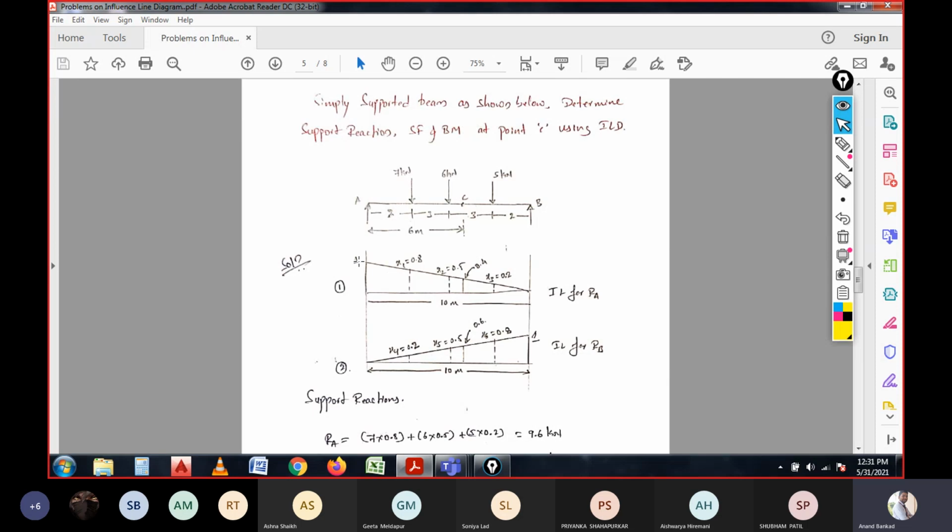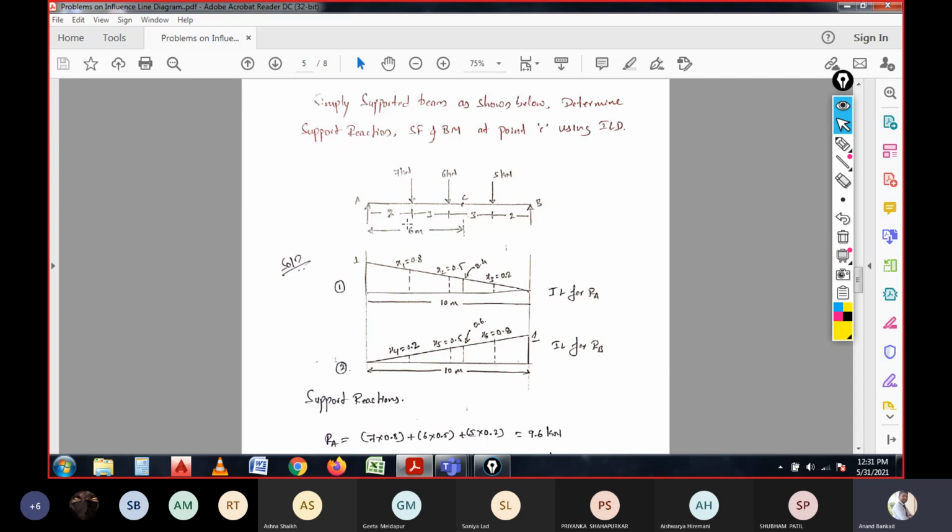Again, we have to consider this as a unit, one only. So 1 by the particular distance of the span, whatever it may be, but in the question it is given as 10 meters, that is 3 plus 3 plus 2 plus 2, that is 10.